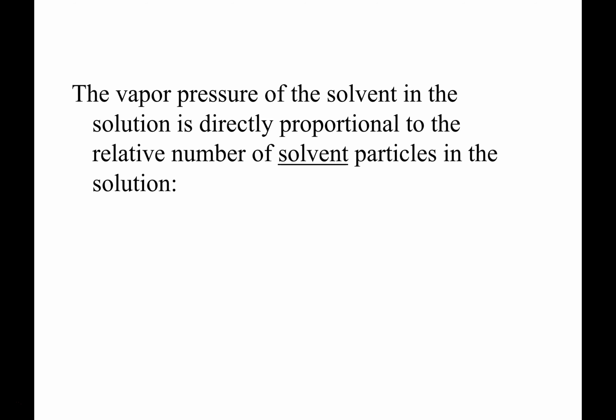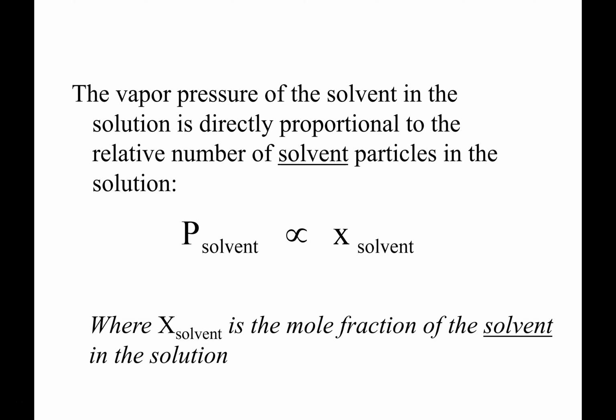So we need to quantitate this. How much of an effect we're going to get doesn't depend on what it is. It depends on how many particles you have. With that said, we can go this route and manipulate that relationship a little bit. We talked in Chem 1, when we got to gas laws, about variables being proportional when it comes to gases.